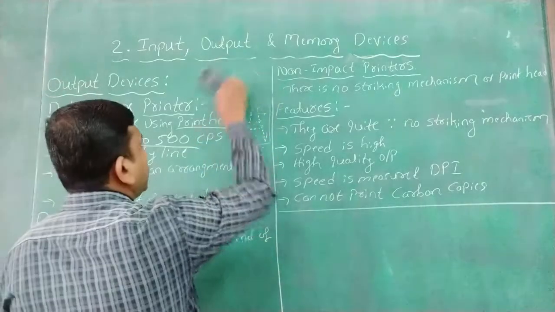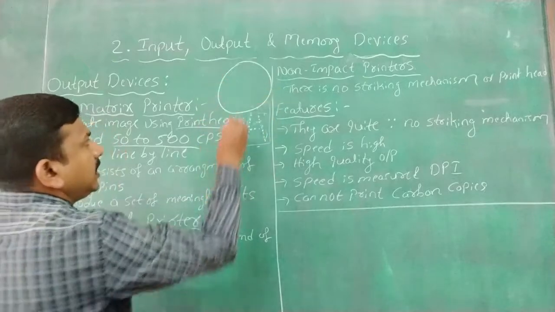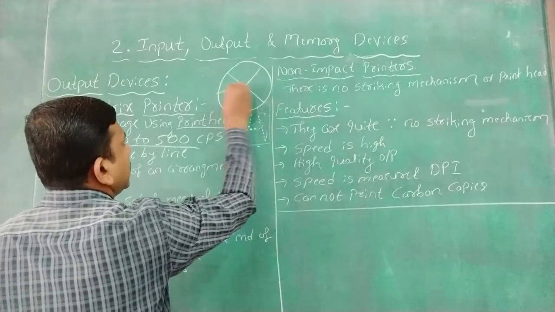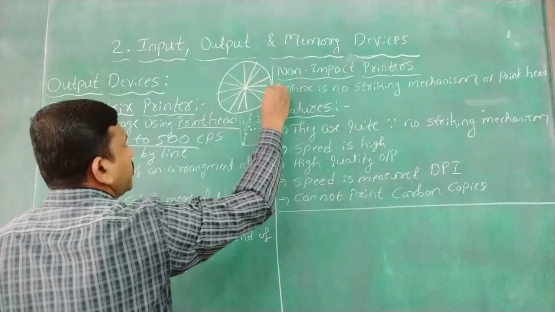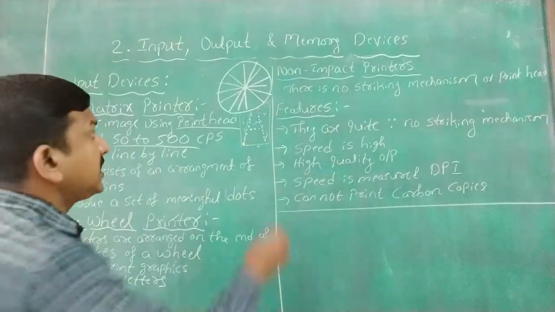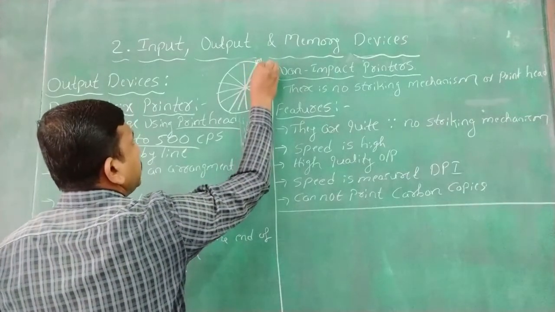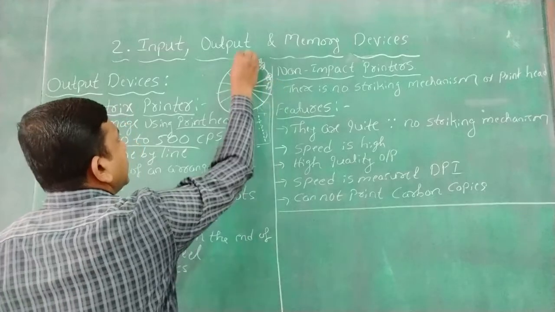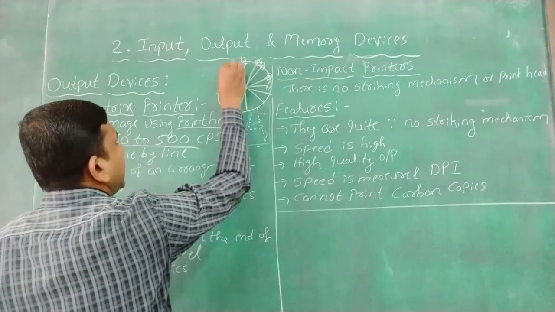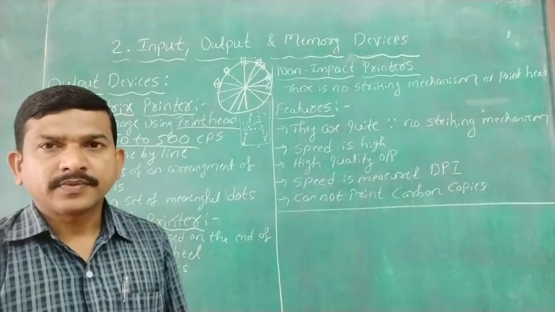for example, I will draw a little bigger here. Assume that this is the wheel, and it contains so many spokes. At the end of each spoke there is some letter. For example, this is A, this is B, this is 5 or number 6, this contains L, this contains P, this contains M, like this.